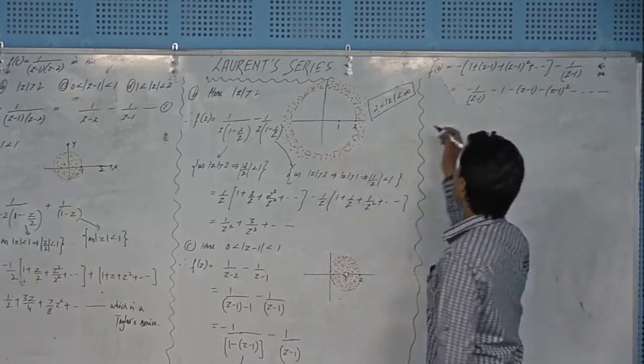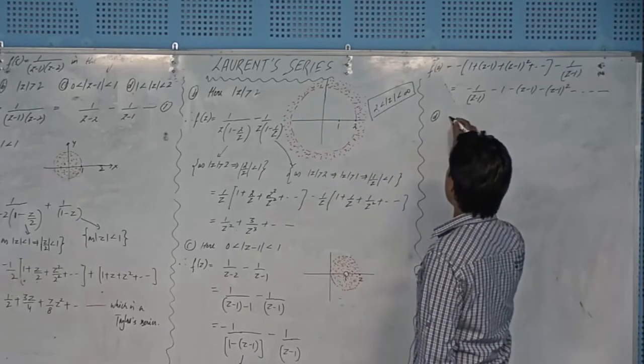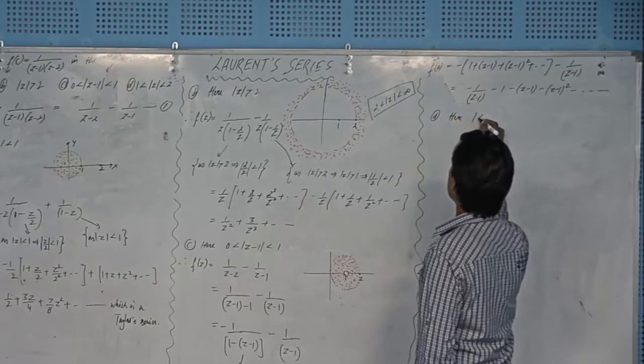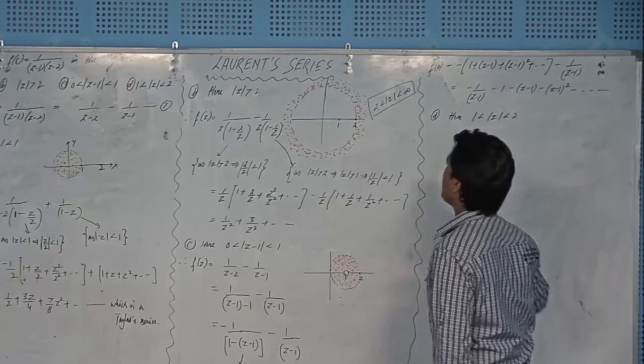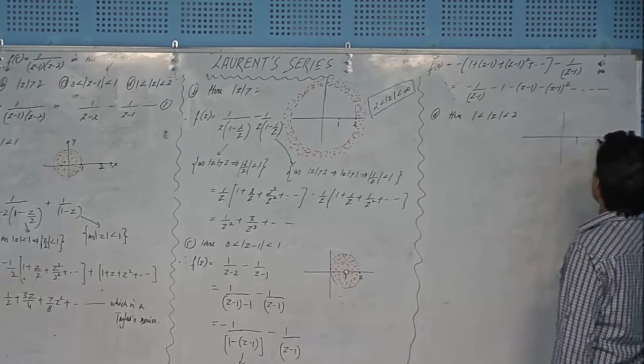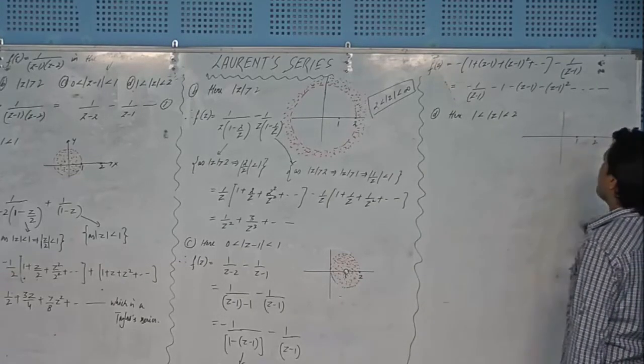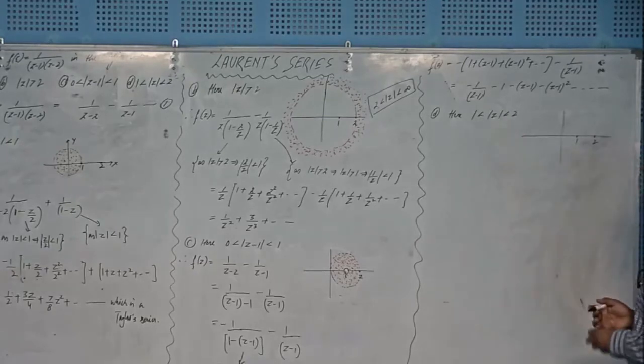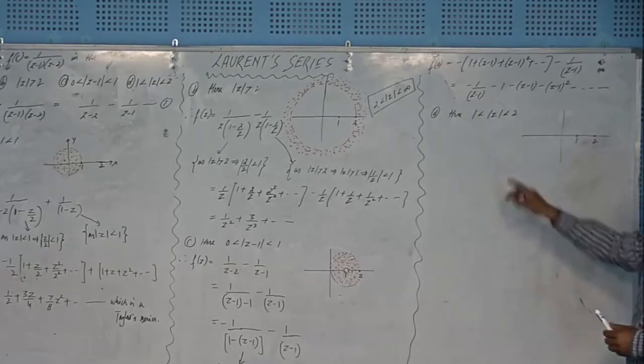Okay, so last part, part D here, 1 less than mod z less than 2, right? So one singularity is 1, and the other singularity is 2, and you can see that the circle is centered at the origin. This is mod z only.